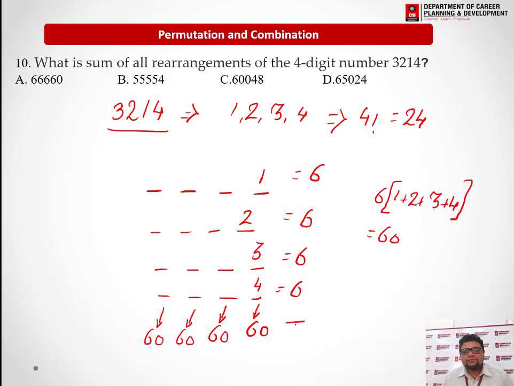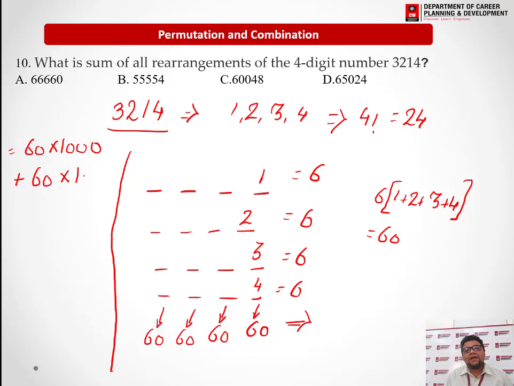Now we will apply, I am writing over here, if the digit is coming at the thousands place, I will use 60, that is the total sum at the thousands place. I will multiply it by 1000 as it is coming at the thousands place, plus 60 multiplied by 100 for the digits coming at the hundreds place.